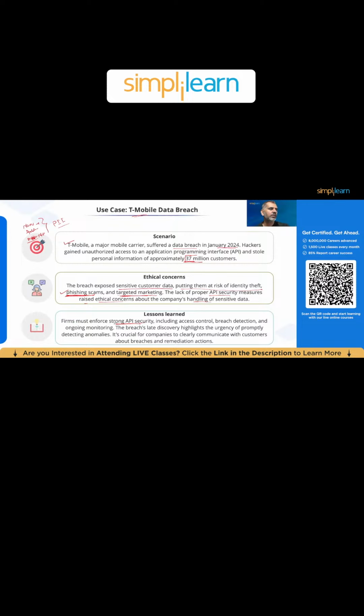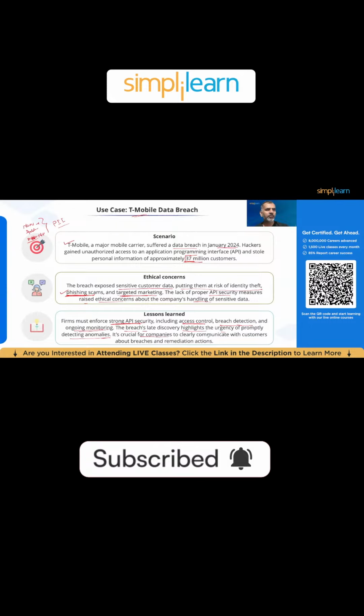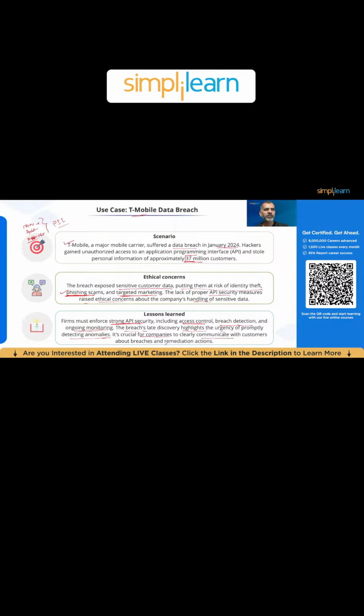So you have to enforce strong API security measures that include access control, breach detection, and ongoing monitoring. And whenever any kind of breach happens, it should shut down the system as well. The breach's late discovery highlights the urgency of promptly detecting anomalies. It's crucial that companies clearly communicate with customers about breaches and remedial actions. So that needs to be taken care of.